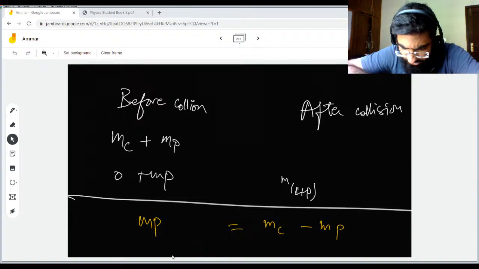We don't know if the momentum of the pellet would be the same or different.